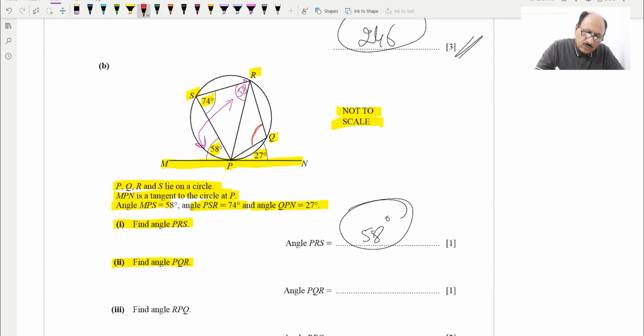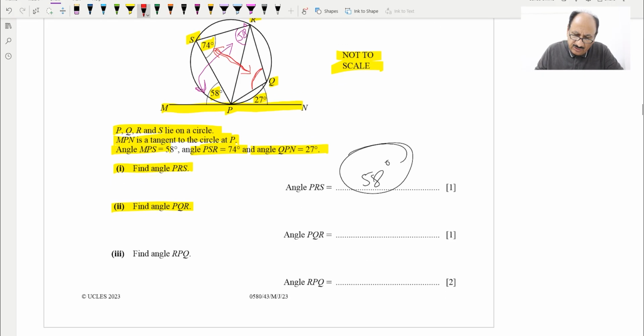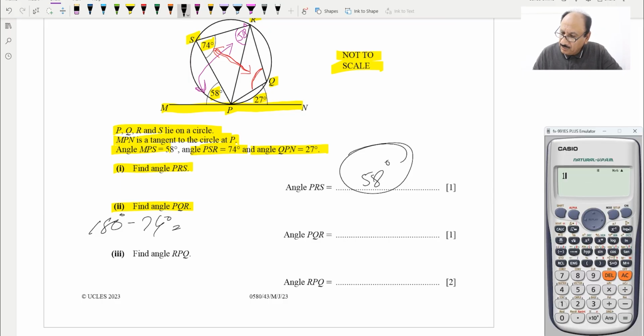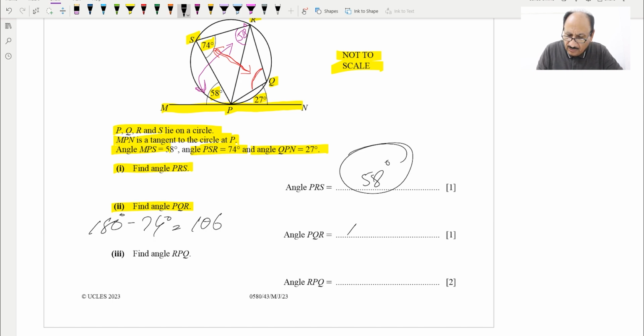Opposite angles in a cyclic quadrilateral add up to 180 degrees, so 180 minus 74 is equal to 106, and 106 degrees will be the answer for 1 mark.